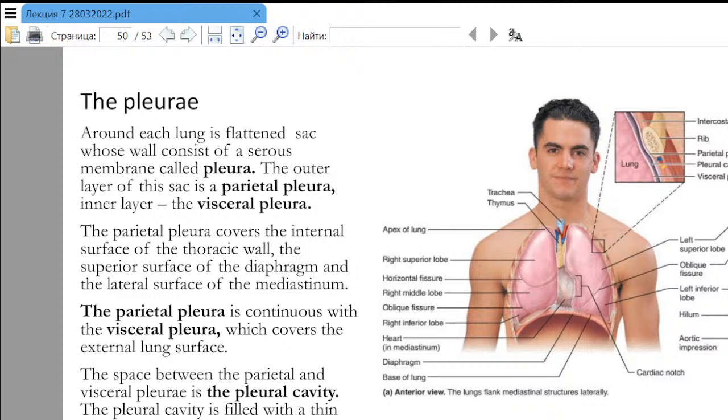The parietal pleura covers the internal surface of the thoracic wall, the superior surface of the diaphragm, and the lateral surface of the mediastinum. It is continuous with the visceral pleura, which covers the external lung surface.